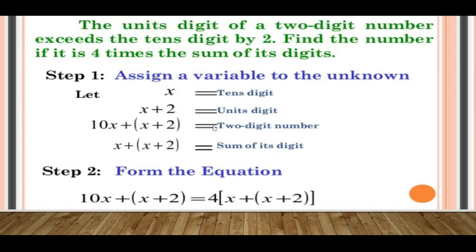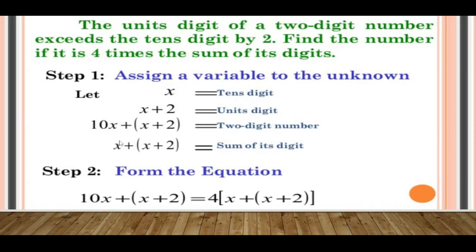Now, if you remember the two-digit number from the previous slide, it was 10t plus u. So 10 into t being the tens digit, which is x, plus u being the units digit, which is x plus 2. And we also need to find the sum of its digits because in the question itself, they're referring to sum of its digits.